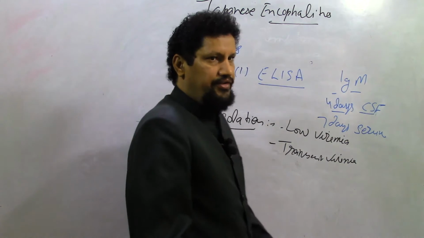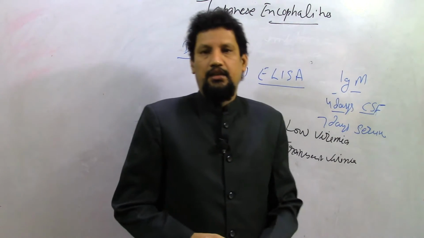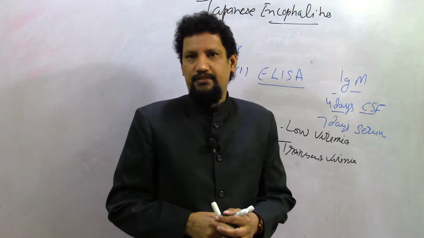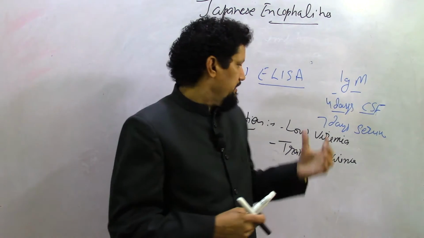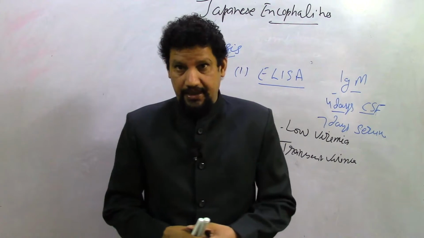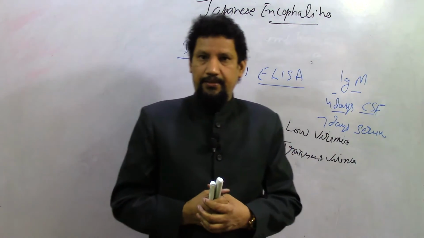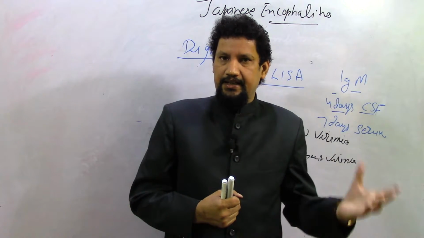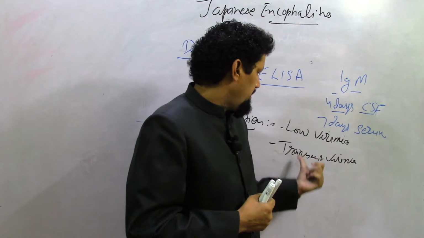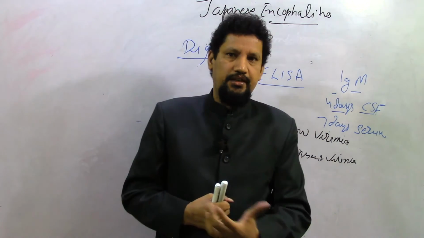In case of dengue and other viral encephalitis, virus can be demonstrated inside the infected person, but in case of Japanese encephalitis, it is very difficult due to low and transient viremia.